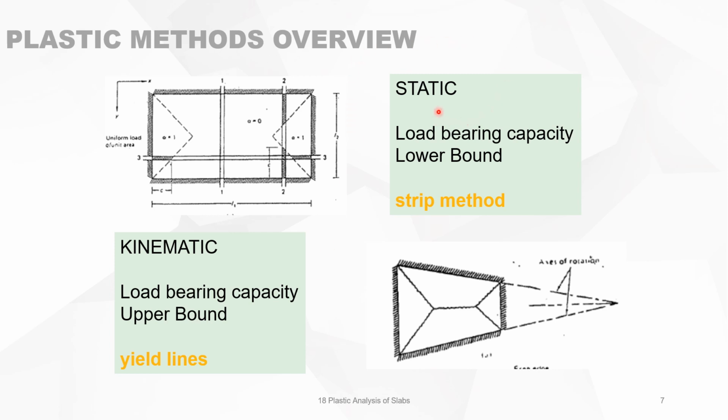In the static methods you will have a lower bound of the load-bearing capacity, and an example of that we will see is the strip method. The second group is the kinematic group, and in the kinematic group the load-bearing capacity is an upper bound, and as an example we will see the method of the yield lines.